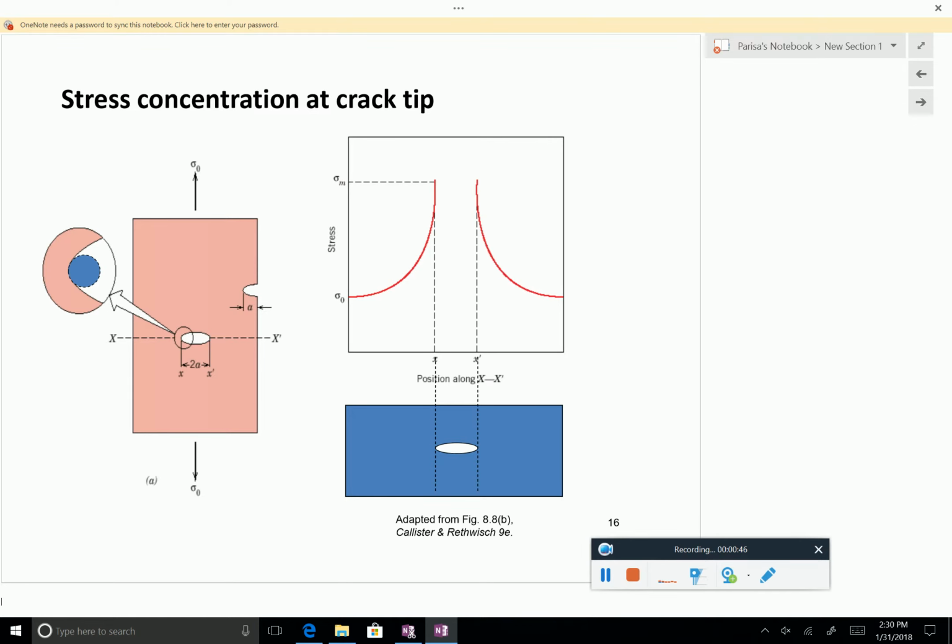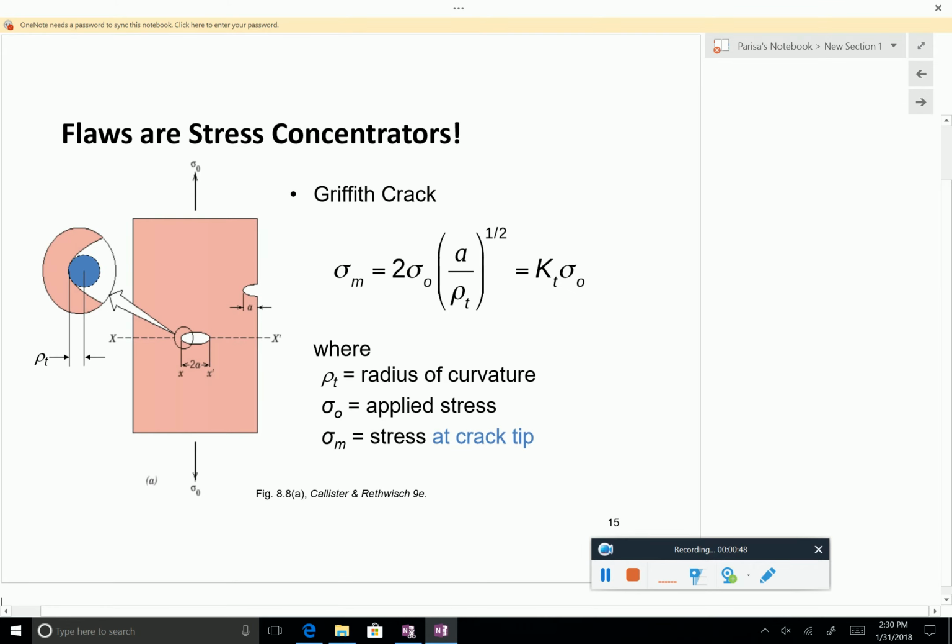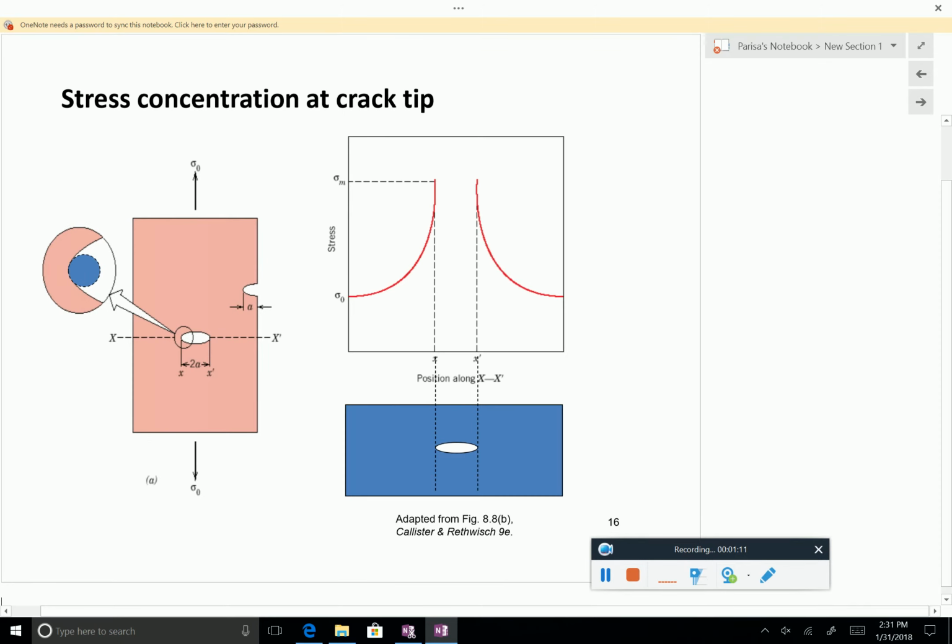And there is a formula relating the maximum stress at the tip to the average stress, and you see that the relationship has a reciprocal relationship with the radius of curvature, which means that if the crack is sharper, you will have larger stress concentration.